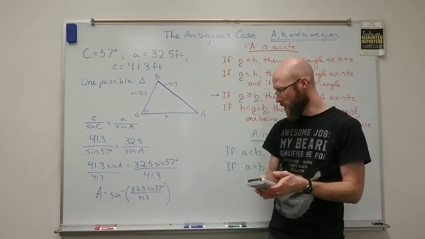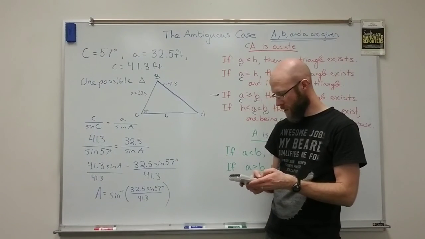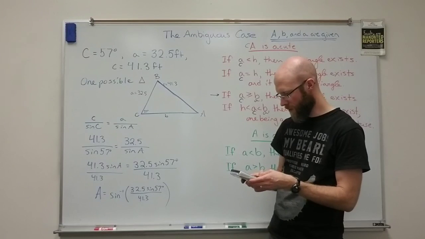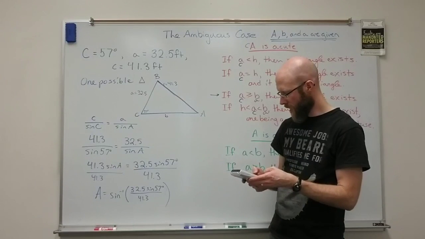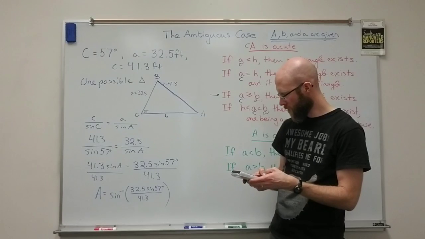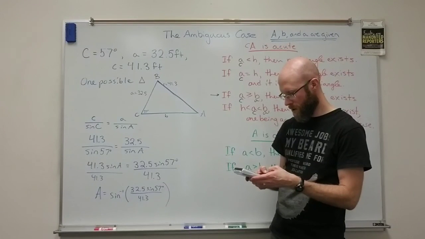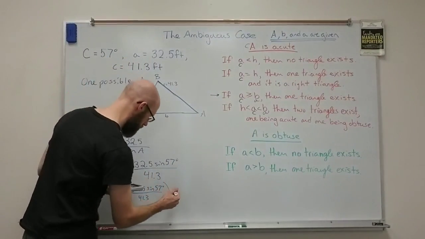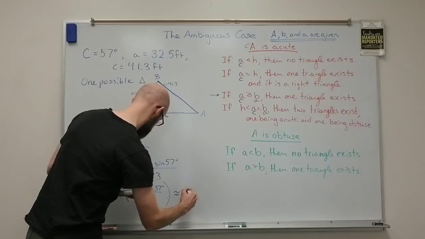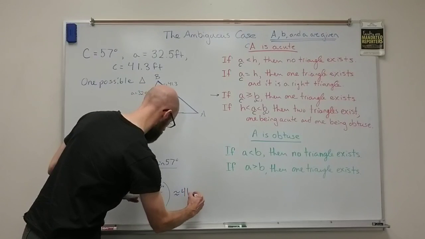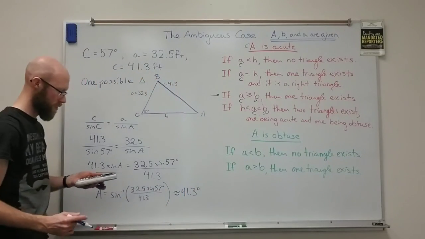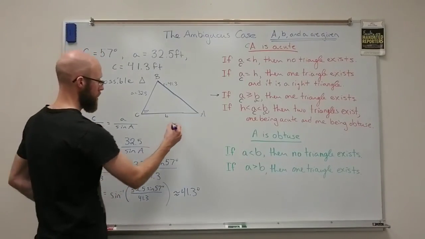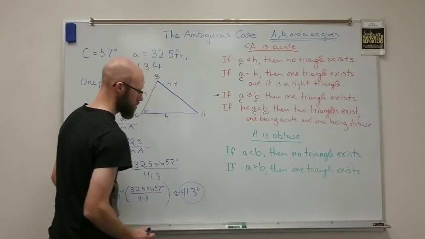So whatever comes out of this thing. So I do inverse sine 32.5 times the sine of 57 divided by 41.3, close parenthesis, and that is approximately 41.3 degrees. Okay, approximately 41.3. All right, so that's my value for A. That's one of my answers.